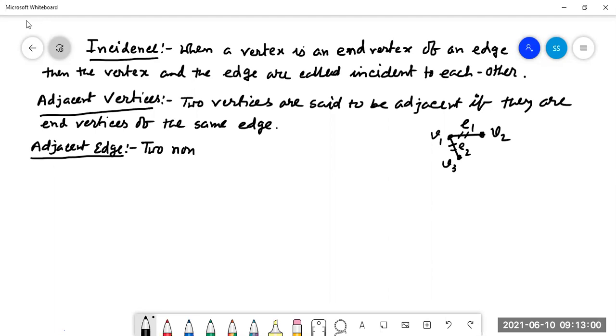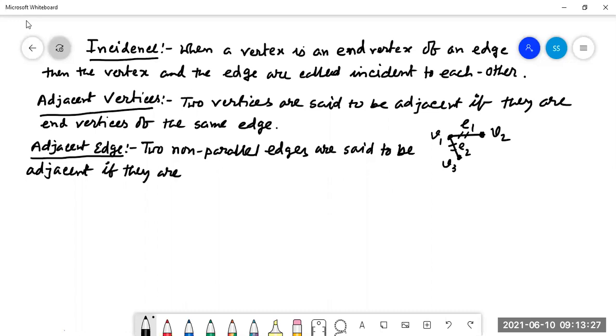Two non-parallel edges are said to be adjacent if they are incident to a common vertex.